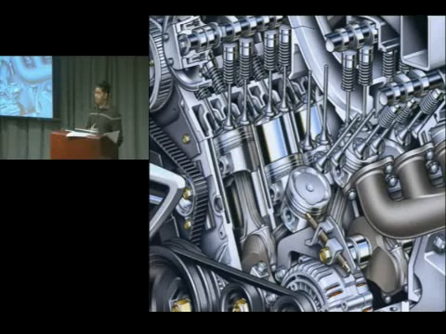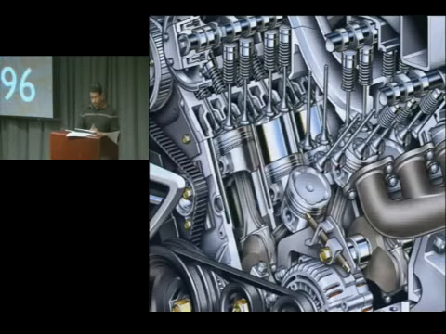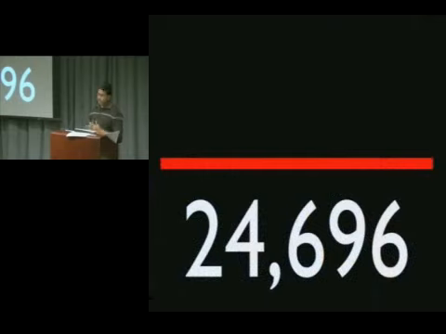Now, I want to quantify this. I want to give you an example where you can actually look at some numbers to visualize the kind of complexity I'm talking about. Look at this number. It's a small number in today's times, 24,696.